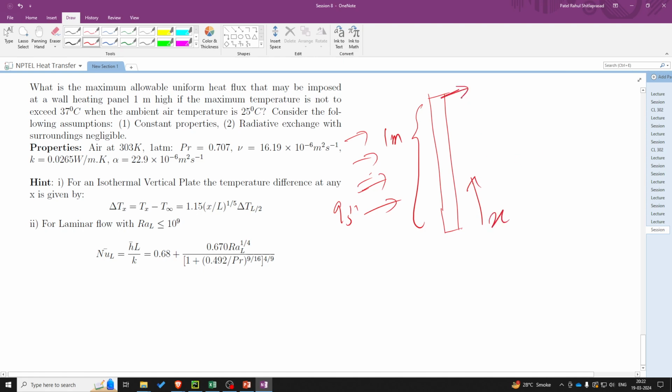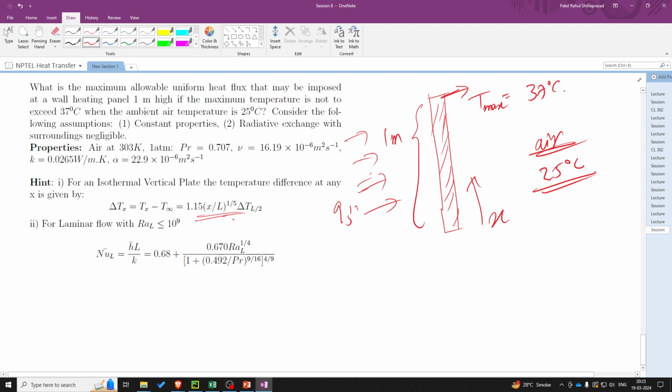And the temperature will be maximum at the top surface, that is given as 37 degrees Celsius, and over here we are having air at 25 degrees Celsius. So first we need to find the maximum possible delta T that is present at x equal to 1.